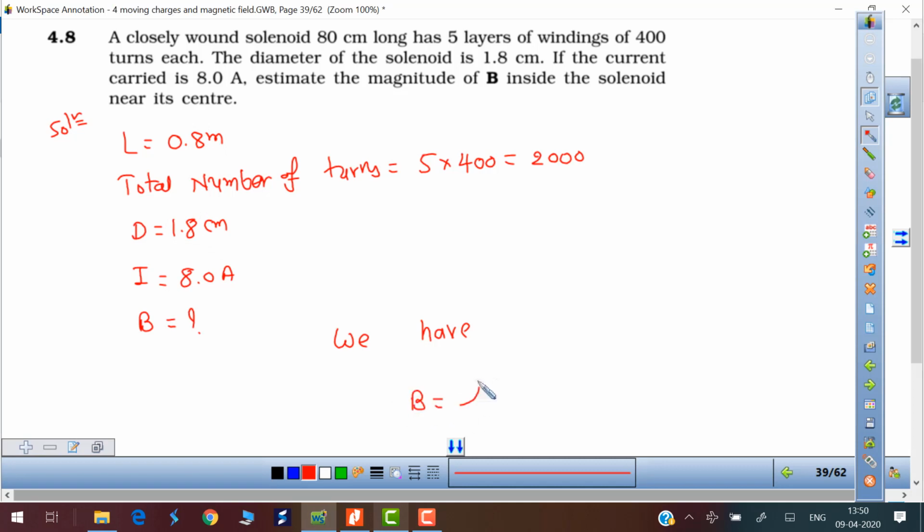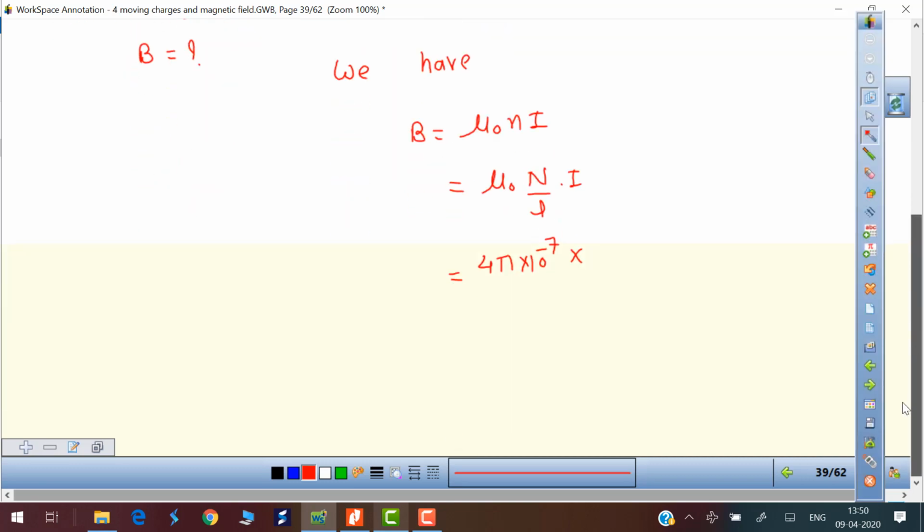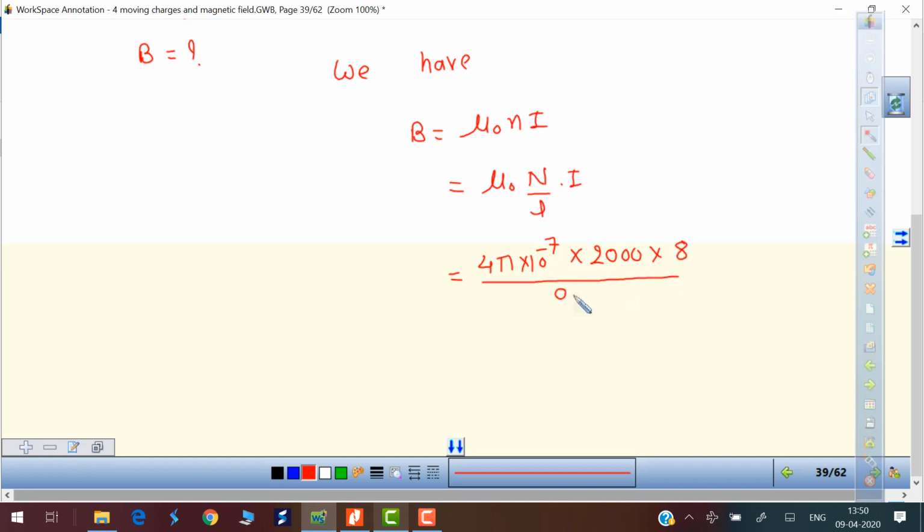So B is equal to mu 0 n I, and n is not given directly, so it is the total number of turns divided by length, into I. Mu 0 is 4 pi into 10 raised to minus 7, number of turns we already calculated as 2000, current is 8 ampere, divided by length 0.8. Again the values are such that they cancel out, so we get 2.5 into 10 raised to minus 2 Tesla.